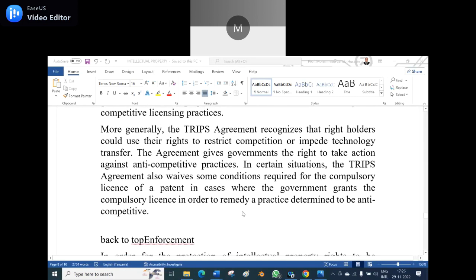In certain situations, the TRIPS agreement also waives some conditions required for the compulsory license of a patent, in cases where the government grants the compulsory license in order to remedy a practice determined to be anti-competitive. So in certain places, the government will waive it. We need not have the license to manufacture it.